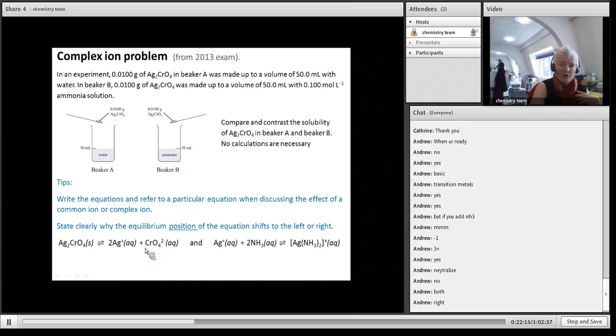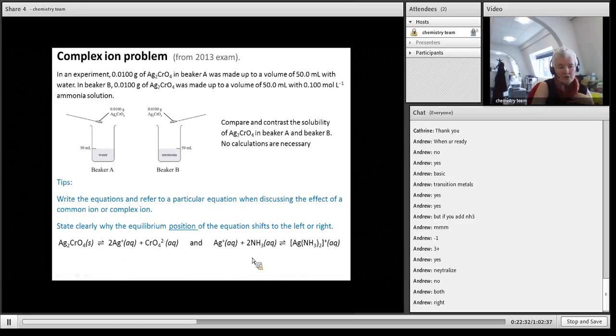So when you're comparing and contrasting the solubility, you'll say that the silver chromate is more soluble in the ammonia because of the complex ion being formed. And then you'd have to refer to Le Chatelier's principle and write those equations.